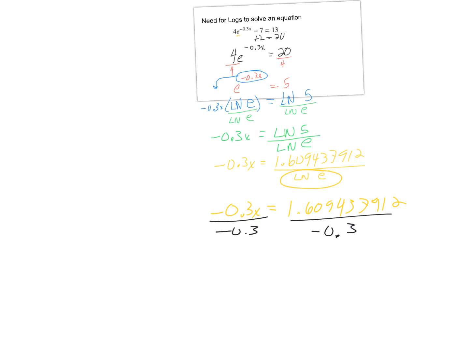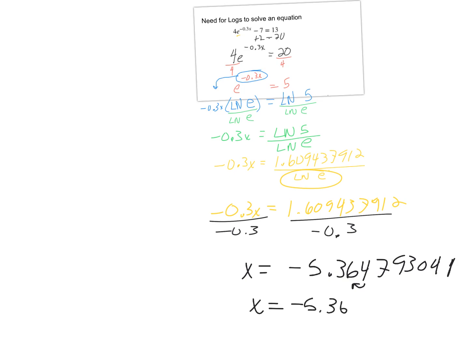I get x is equal to negative 5.364793041. Now rounding to two places, x is equal to negative 5.36. And there's that one. Alright, so let's move on.